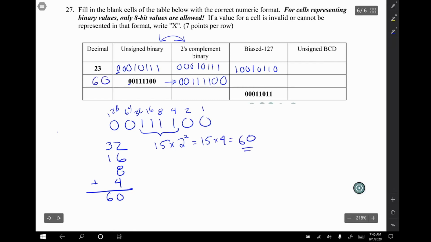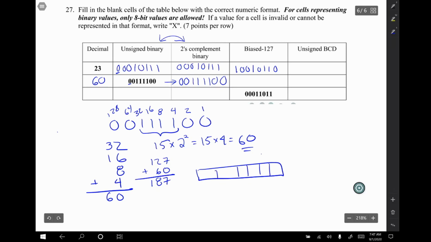So that is 60. Now for bias 127. We take 127, and we add 60 to it to get the offset, so we're going to map this to the range of unsigned binary. So this is 187. Now we do our patterns of ones and zeros diagram.